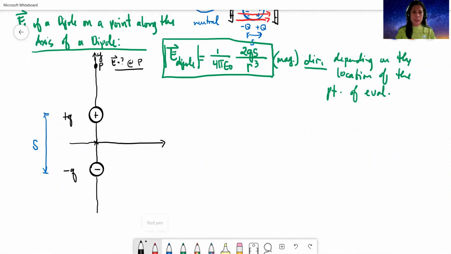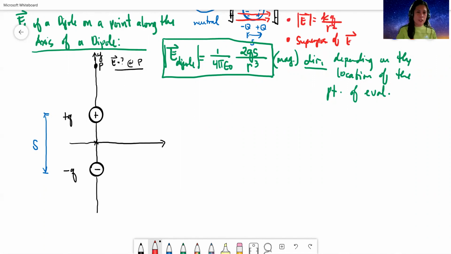Okay? So let's determine, step one, let's determine the direction muna of the individual field, and then we will add them, diba? So basically, we will be using the concepts we learned about the magnitude of the field as kq over r squared. And then we also have the concept of superposition. Superposition of electric field. So yan ang gagamitin natin, itong dalawa.